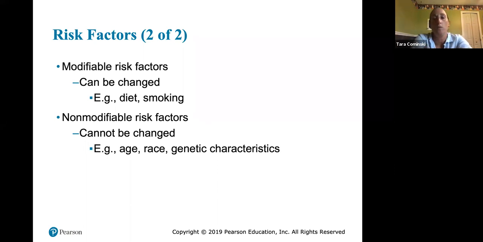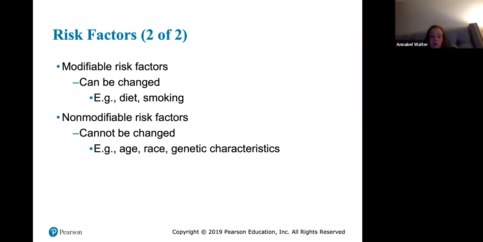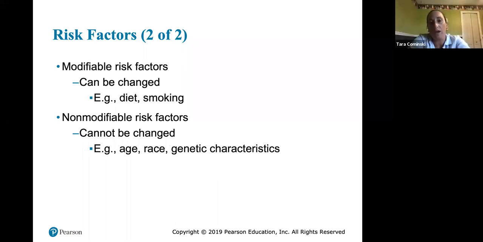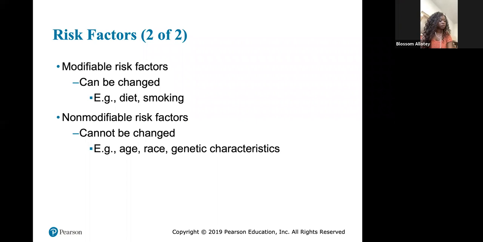Sleep. Yeah, that's a really good one. What's another one? Exercise. Yep, good. Drinking. Yeah, good. There are so many different modifiable risk factors that you can think of.